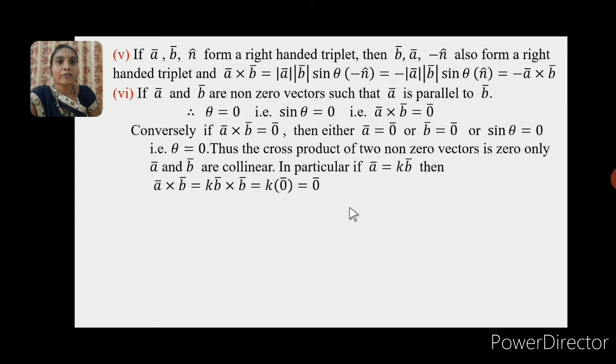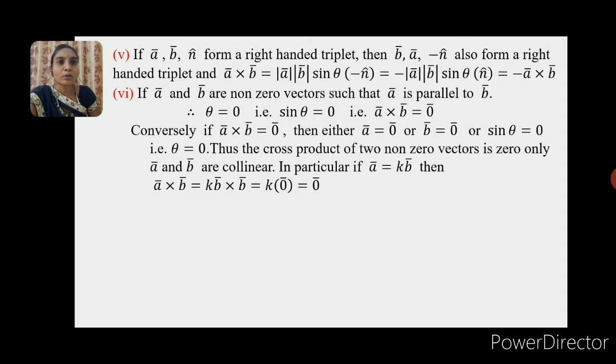Sixth, if A bar and B bar are non-zero vectors such that A bar is parallel to B bar, therefore theta is equal to 0, that is sin theta is equal to 0, that is the cross product A bar cross B bar is equal to 0 bar. Conversely, if A bar cross B bar is 0 bar, then either A bar is equal to 0 bar or B bar is equal to 0 bar or sin theta is equal to 0, that is theta is equal to 0.